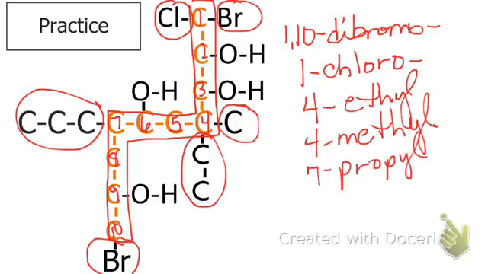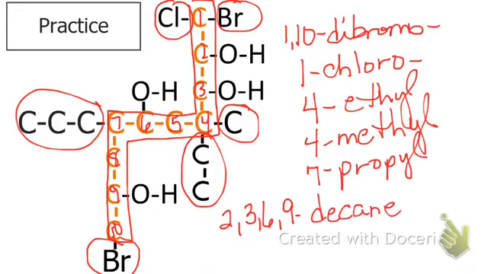And let's look at where our alcohols are. 2, 3, 6, 9. 10 carbon chain, dec, single bond, decane, more than one alcohol, leaving the E. And there are 4 of these alcohol.